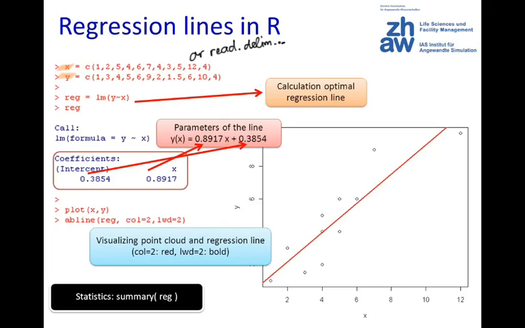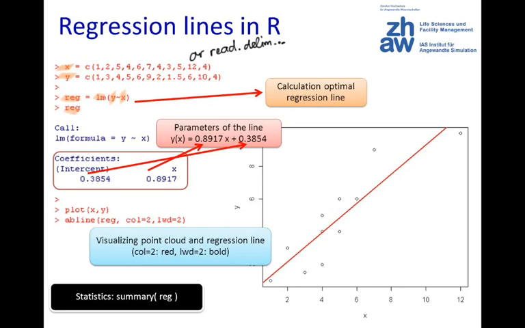The command for doing this regression is called lm, for linear model. We would like to explain the variable y in terms of the independent variable x. That's why we write y tilde x, y explained as a function of x. We store the result in a variable, which we can then display.